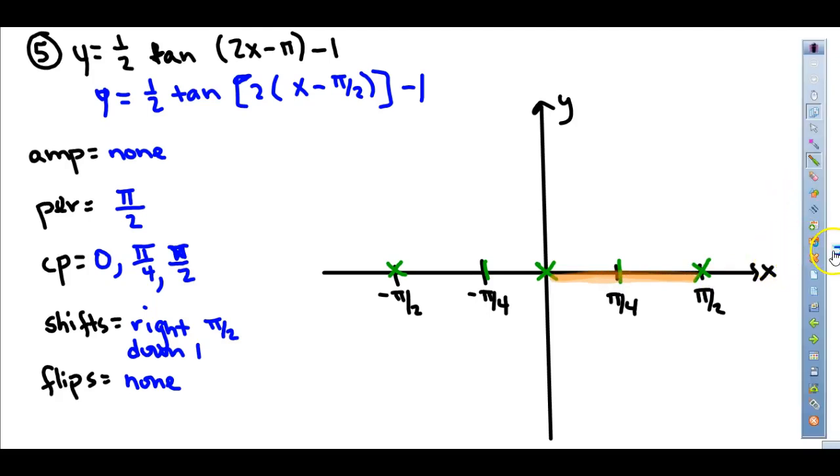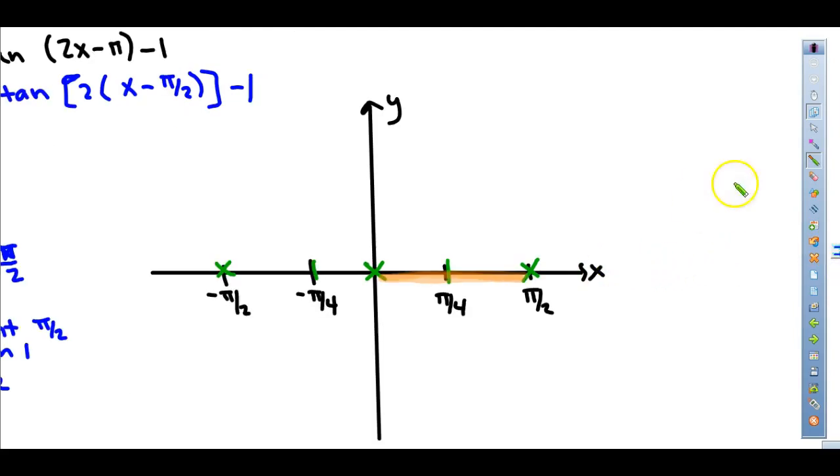So I'm going to go ahead this time and extend the positive x-axis a little bit here. Okay, so that's 1 pi over 4, 2 pi over 4, 3 pi over 4, and then 4 pi over 4, which is pi.